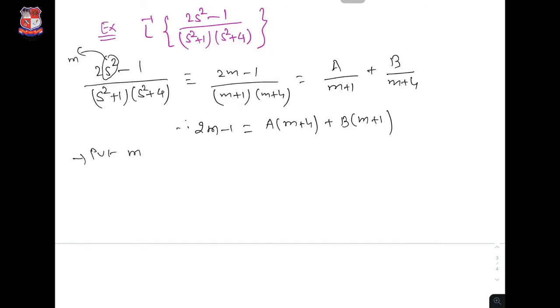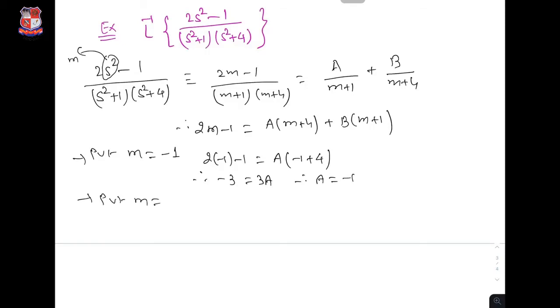Now put m equal to −1, then this is 2 into −1 minus 1 equals a into (−1 + 4), so −3 equals 3a, and therefore a equals −1.